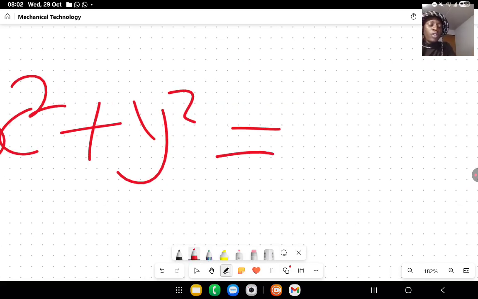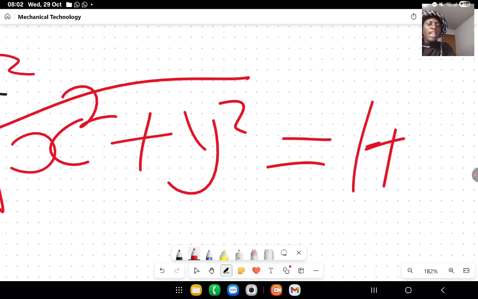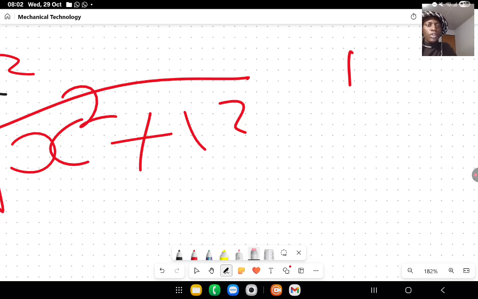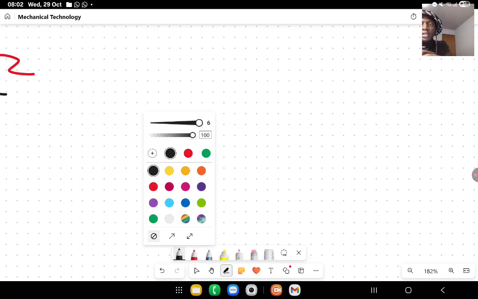If you are able to do it, we use the hypotenuse here. You use it like this.